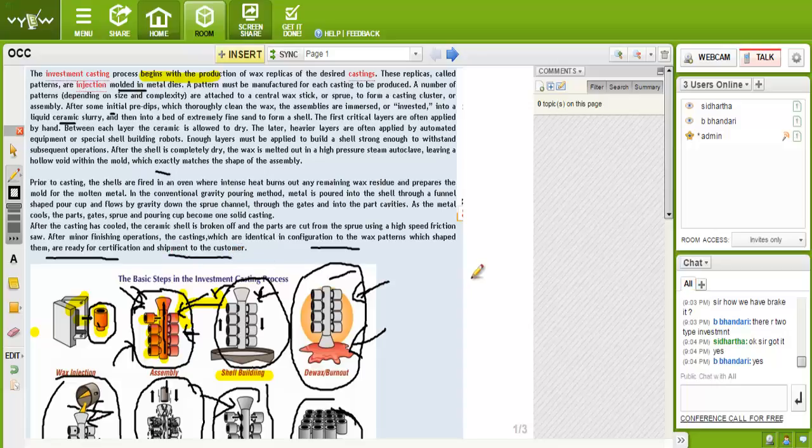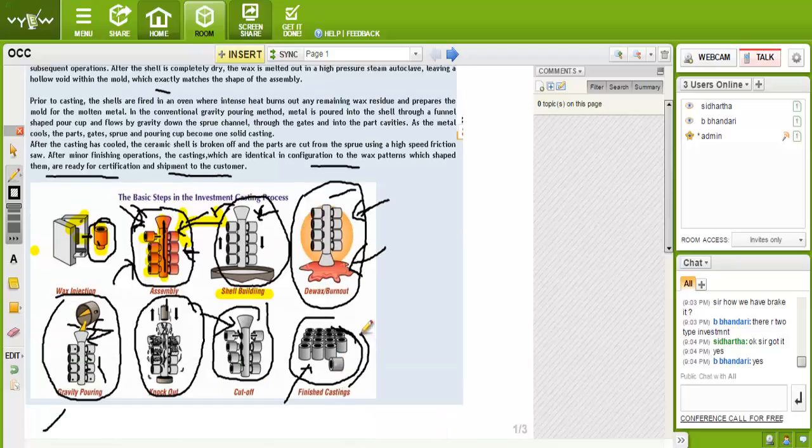So this is the process, and in that process we can produce a lot of units in a fraction of time. Whatever number of wax patterns we use in an assembly, that number of final products will be produced in one shot. Okay, if we attach 100 units of that type to this stick, then at the end of the process 100 final products will be produced.